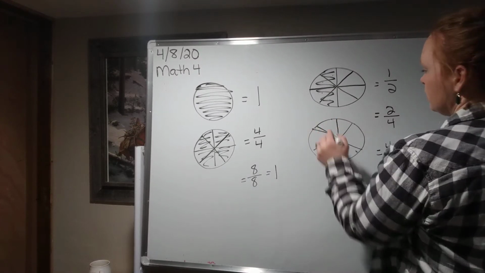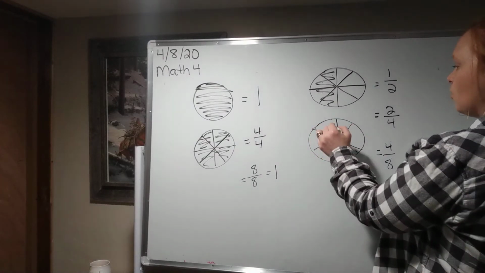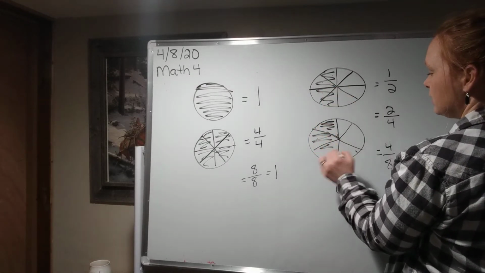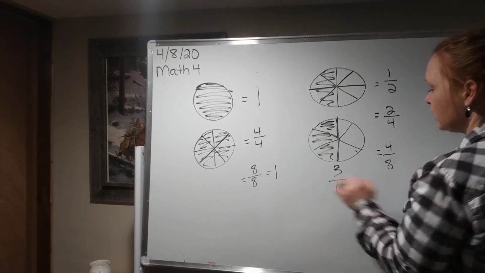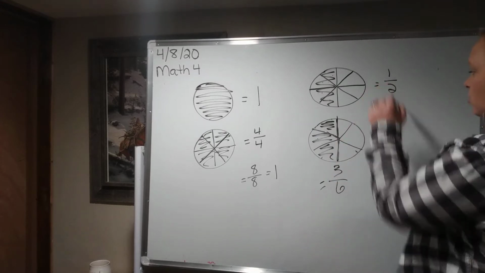Okay, so now my pizza has 6 pieces. 1, 2, and I'm going to color in half of my pizza. You see? Still a half of a pizza, and I get 3/6. That one's just really hard to draw. So 3/6 is the same as 1/2.